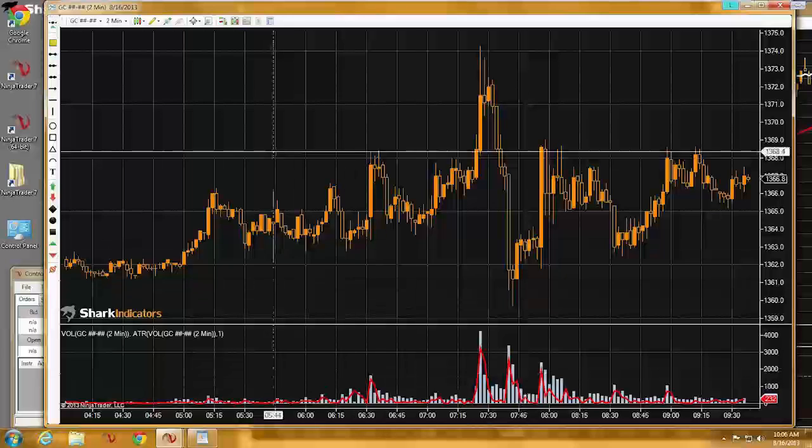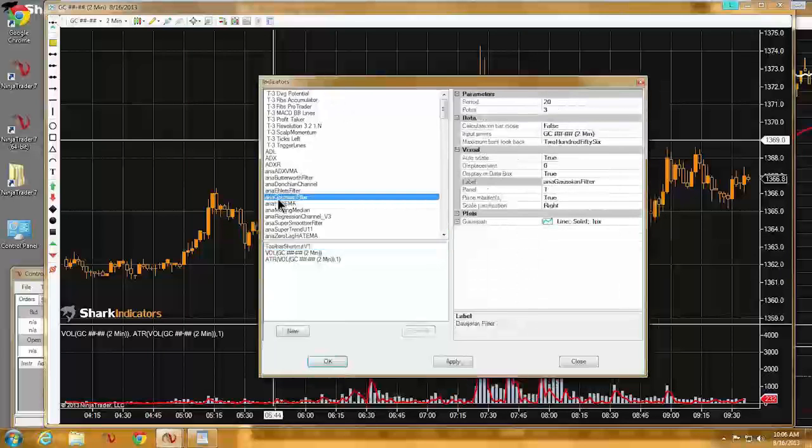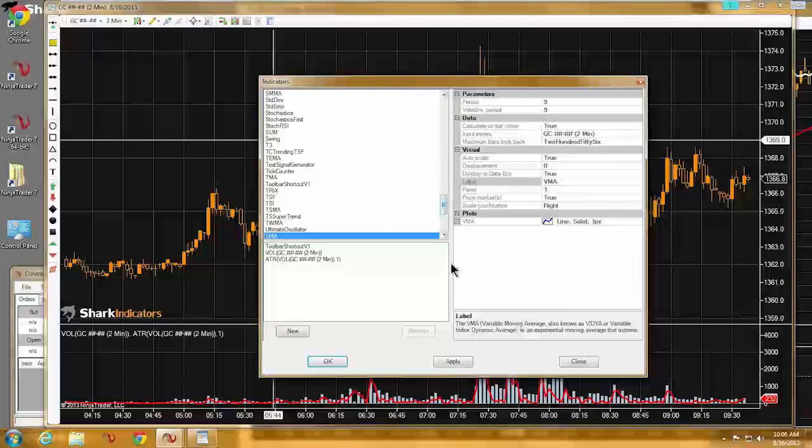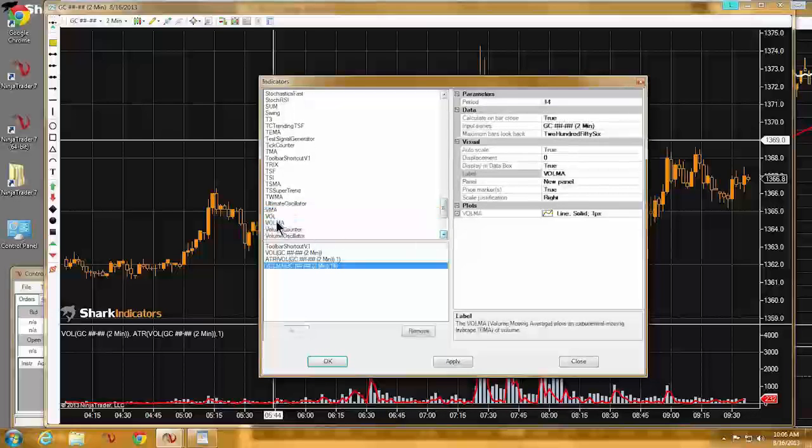So actually, let me put the volume moving average back on the chart, and maybe a combination of logic might get us closer to identifying those volume spikes.